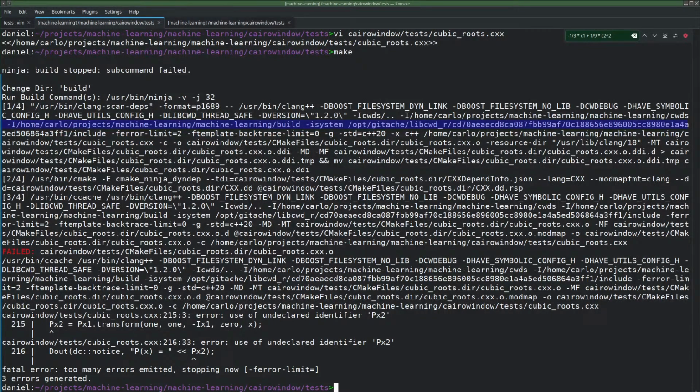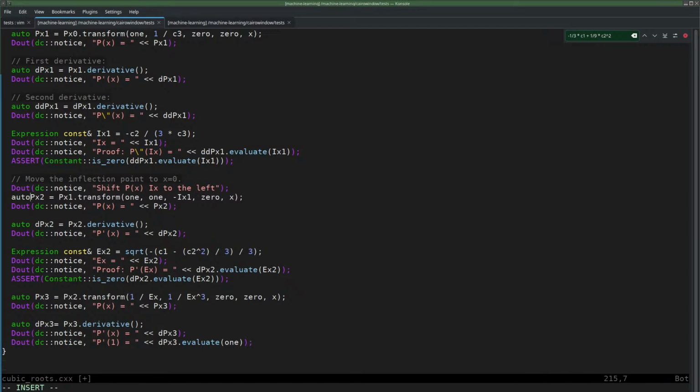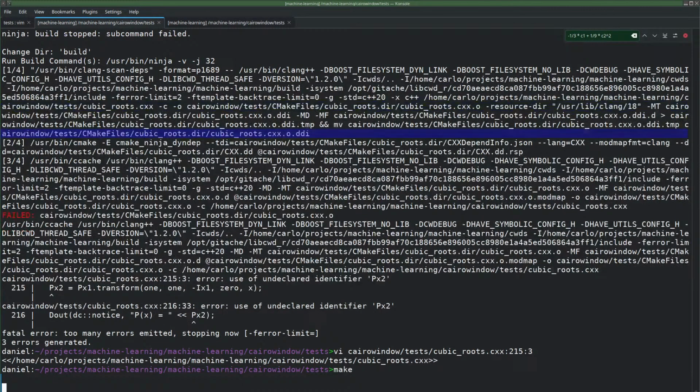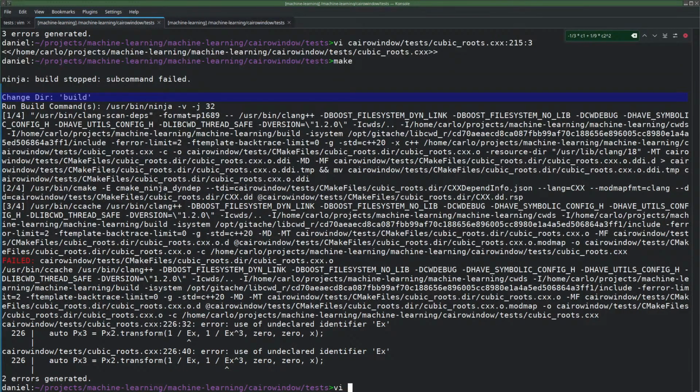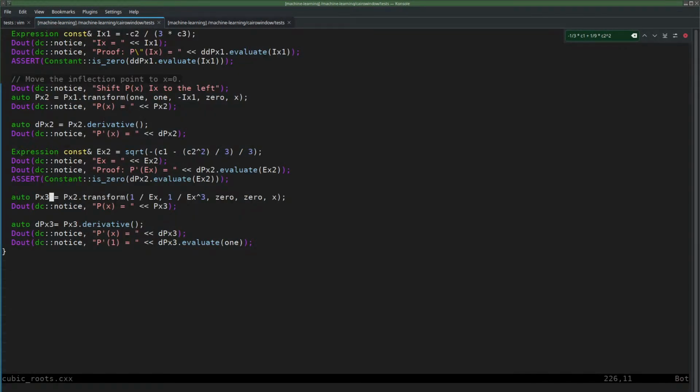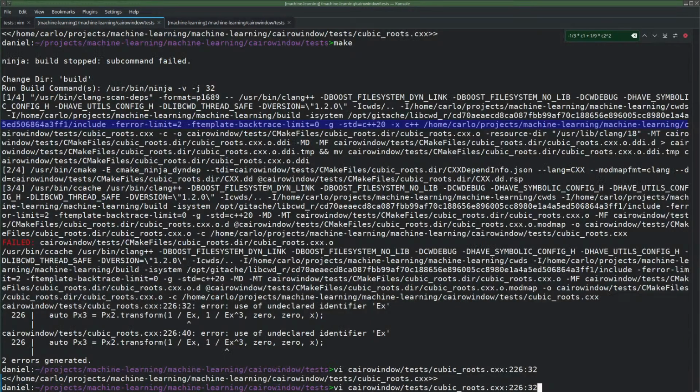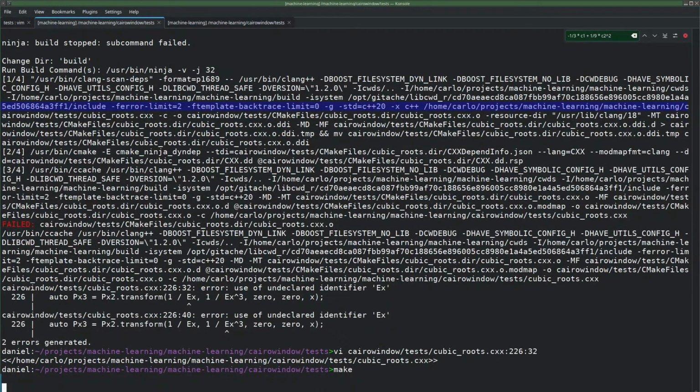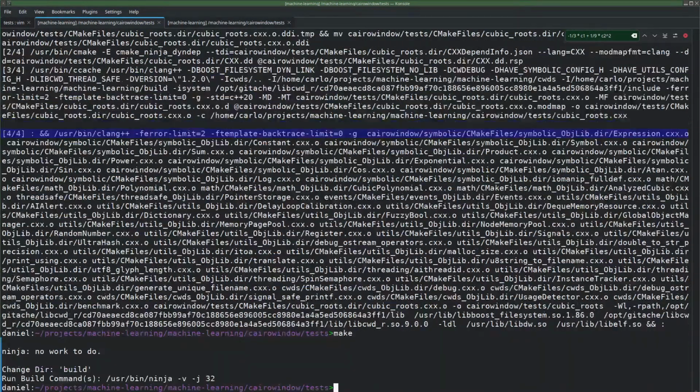Of course it doesn't compile. Auto missing. EX was renamed to EX2. And it compiles.